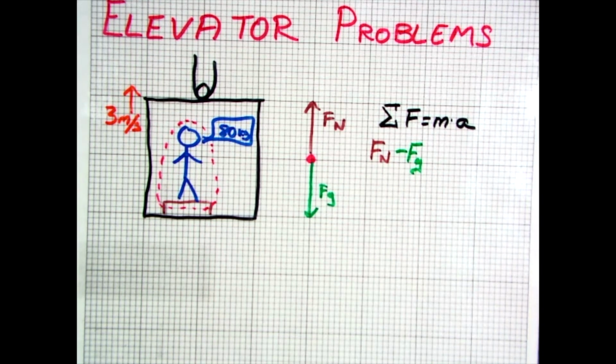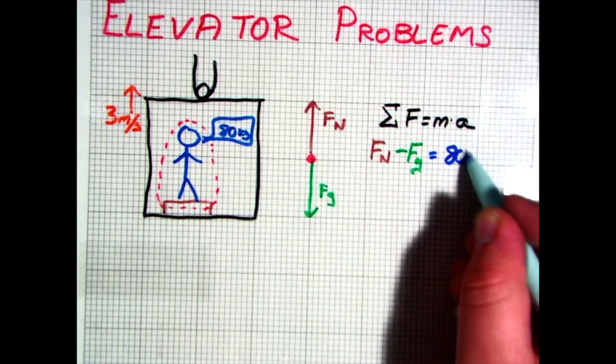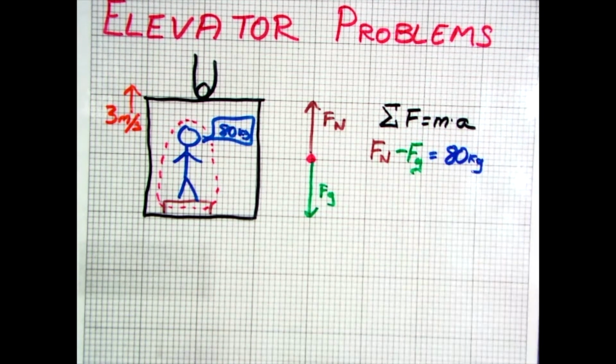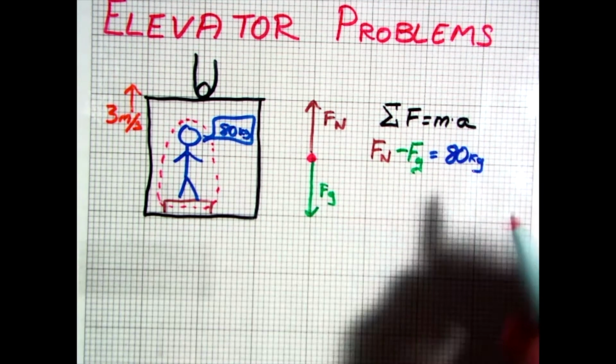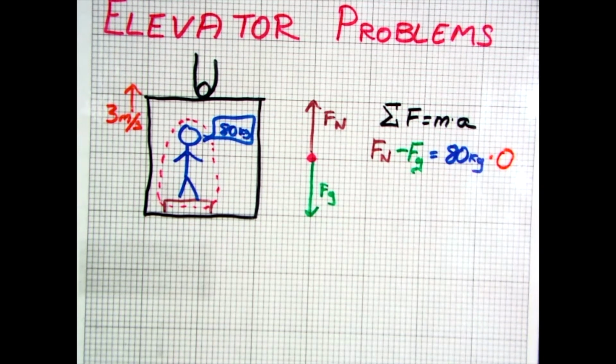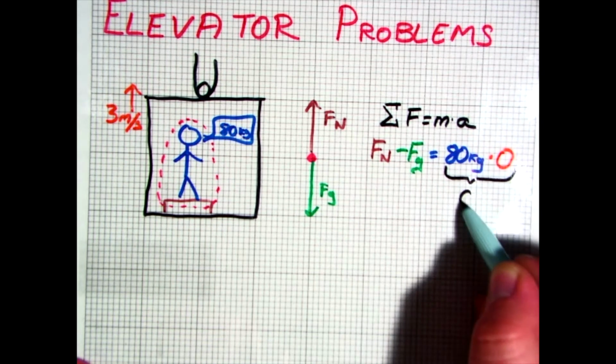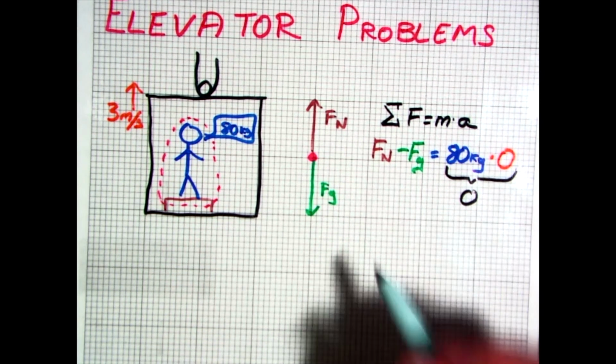And that whole thing is going to equal the mass, which of course is 80 kilograms, times the acceleration, which is going to be 0 because it's moving at a constant 3 meters per second. And of course, any time that you're multiplying something by 0, that whole term is going to go to 0.